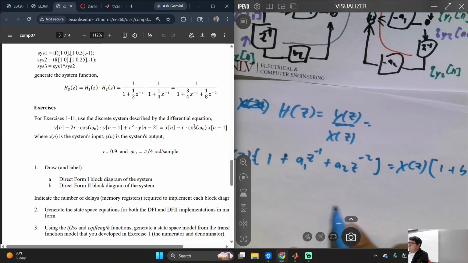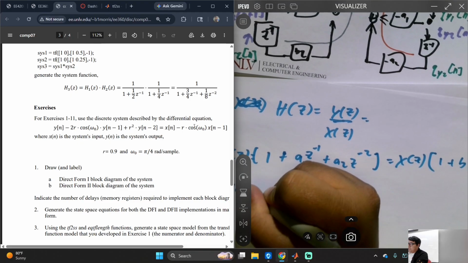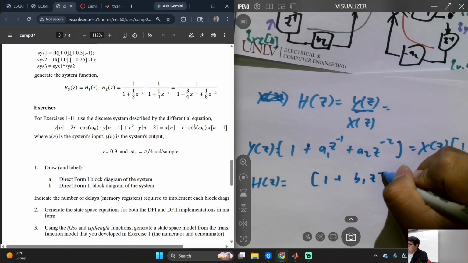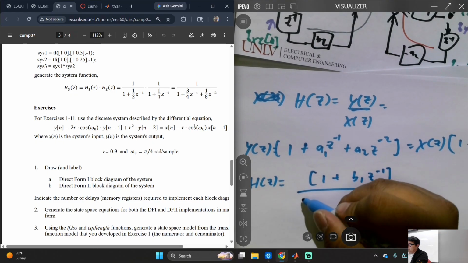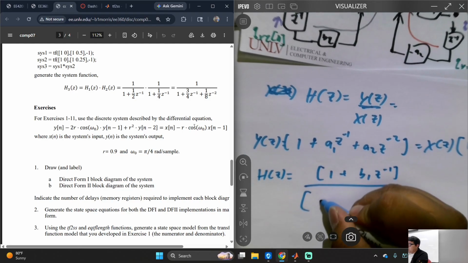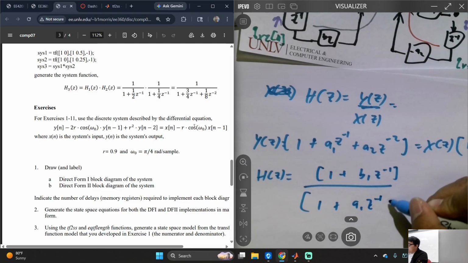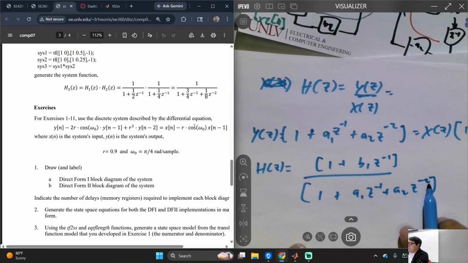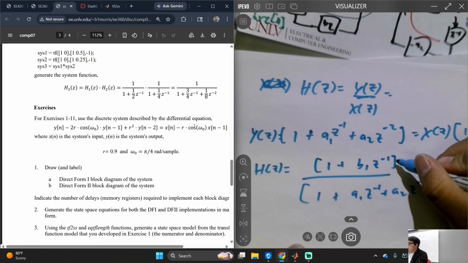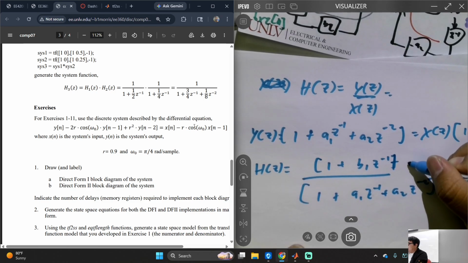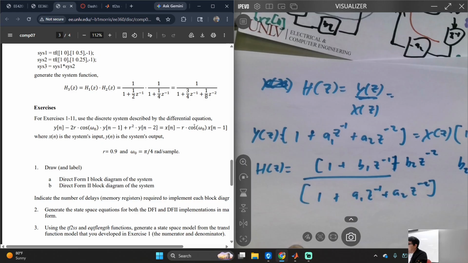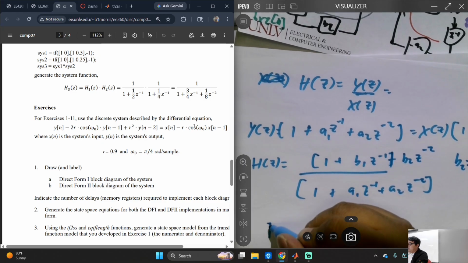So if I do this over this, I'm going to get H(z) equal to (1 plus b1 z^-1) all over (1 plus a1 z^-1 plus a2 z^-2), right? But we need to make sure these are equal lengths. So what am I missing right here? I'm missing a z^-2 term, so I'd add b2 z^-2, where b2 is equal to 0.